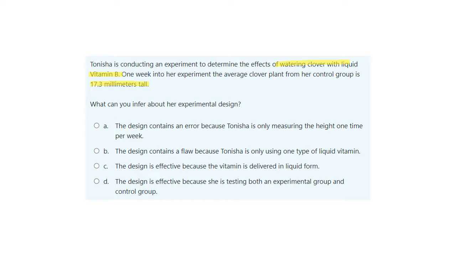But we're told in the middle, 1 week into her experiment, the average clover plant from her control group is 17.3 millimeters tall. She has a control group. So she must have a group that she waters with liquid vitamin B, and a control group is a normal group. So one group that she does not water.